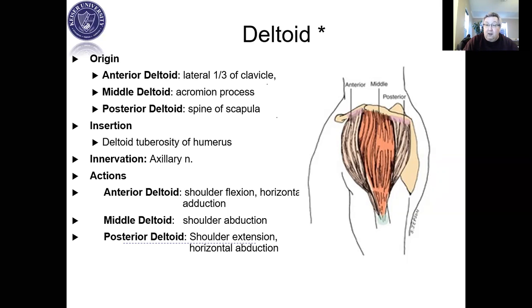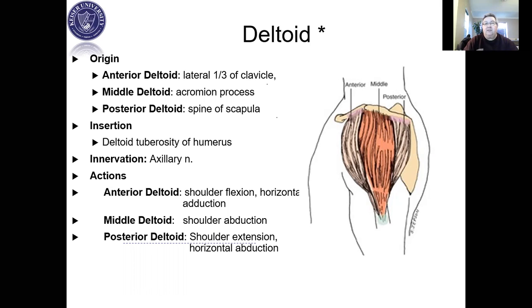For your practical, I will show you a picture like this, and you will say the deltoid. And you will be perfectly correct. Because again, the practical is just going to be an identification of the muscle. On my quizzes, on my exams, the daily exams, you're going to have to differentiate between the three parts of the deltoid.